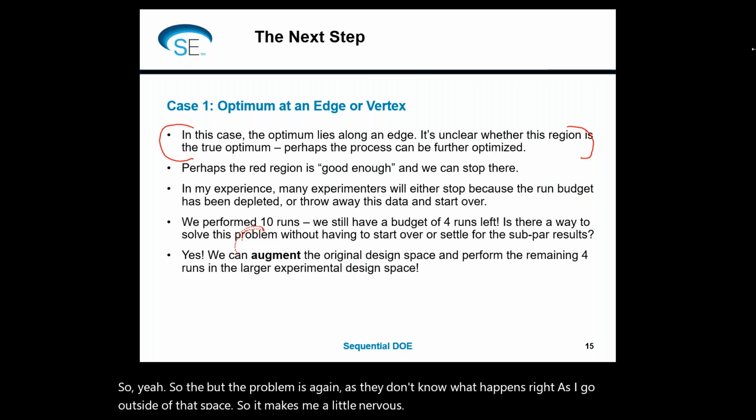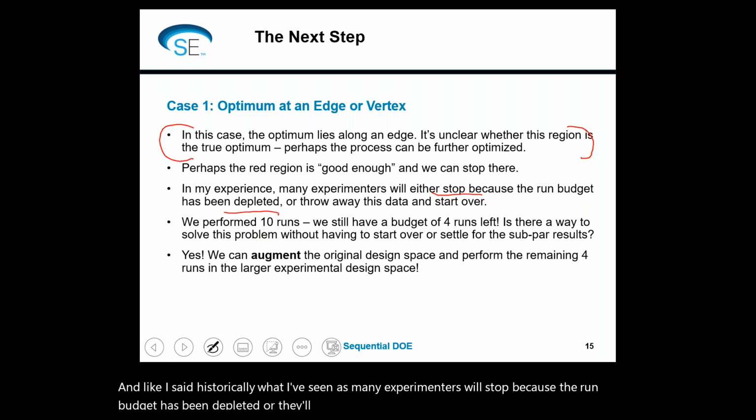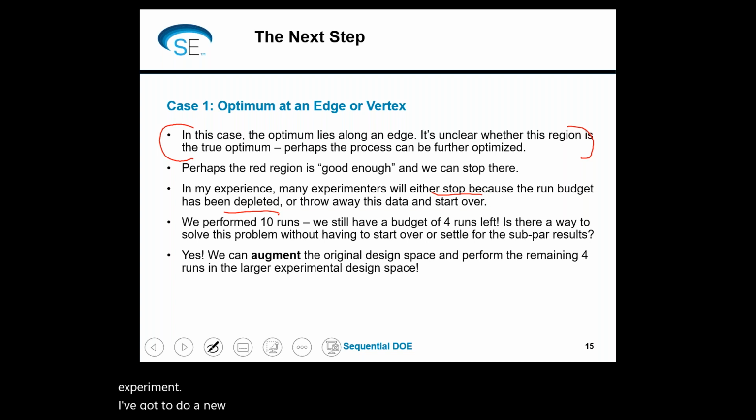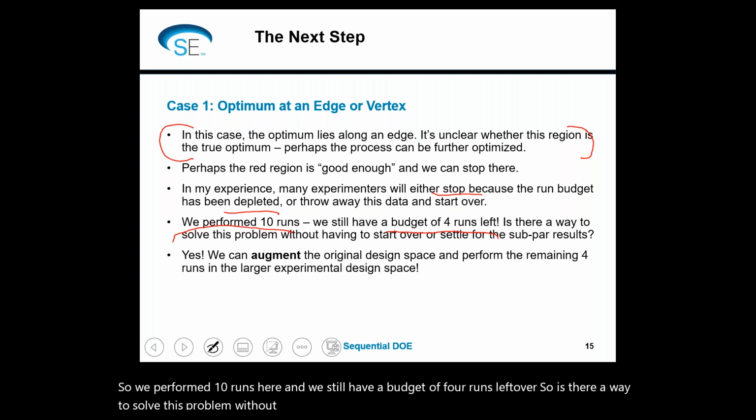And like I said, historically, what I've seen is many experimenters will stop because the run budget has been depleted, or they'll say, if I want to change the lows and highs of my experiment, I've got to do a new experiment. And that's not always true. So we performed 10 runs here, and we still have our budget of 4 runs left over. Is there a way to solve this problem without having to start over or settle for subpar results?